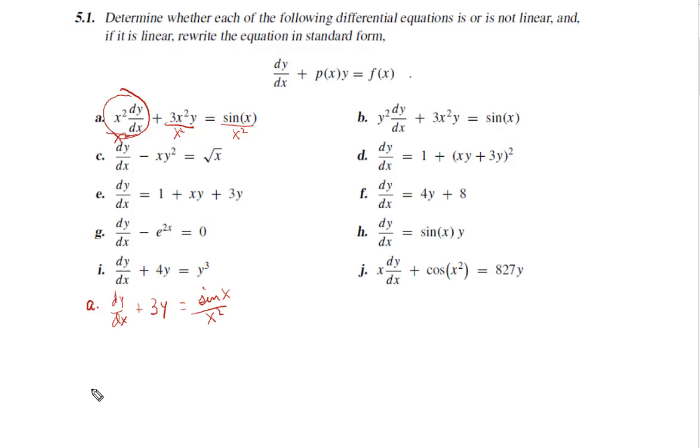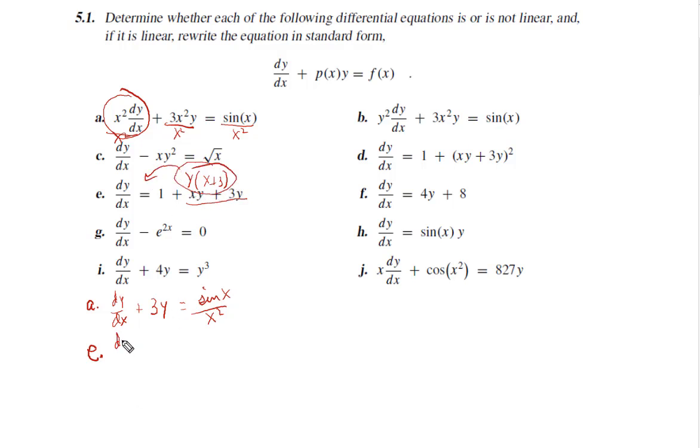On the C part, that's not linear, so we don't need to write it in standard form. On the E part, to write it in standard form, we're going to take the two terms, xy plus 3y, factor out the y, and then move that to the other side.